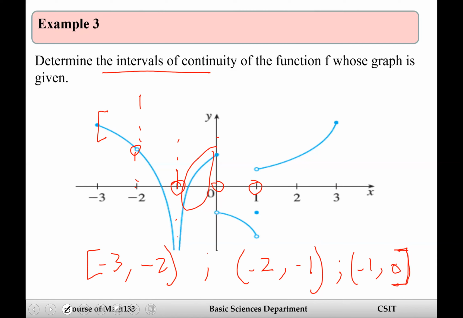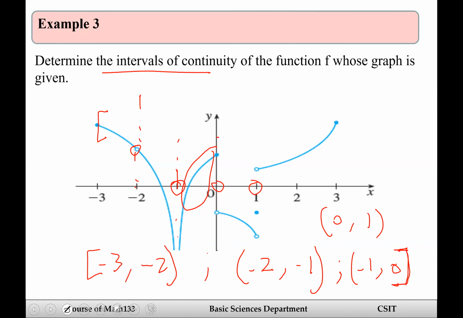Now, if I continue to the next interval, it will be 0 to 1. Although the function is defined at 1, it is open here and we have a jump discontinuity. By the way, we could say something about the discontinuity. Let me finish the interval.